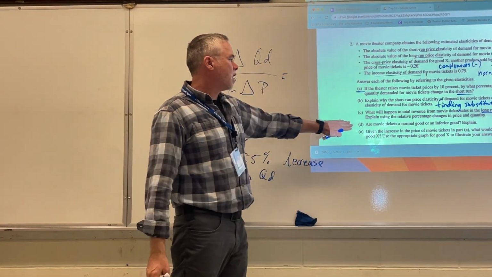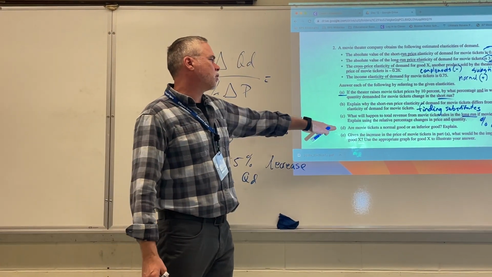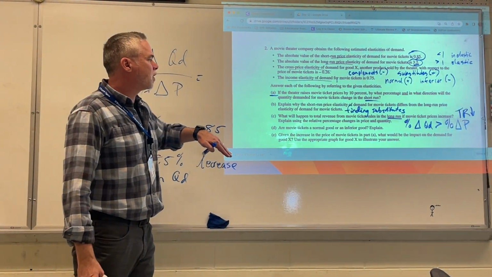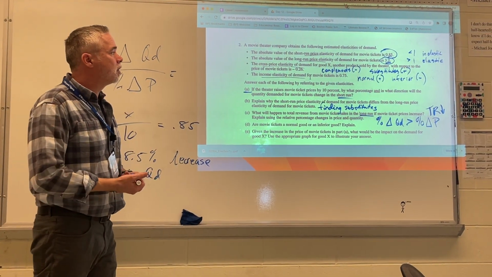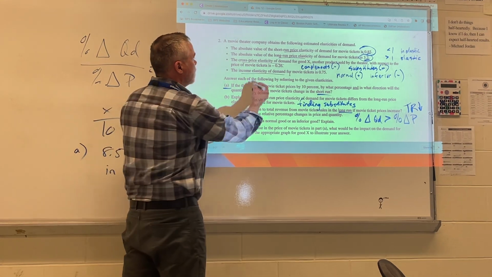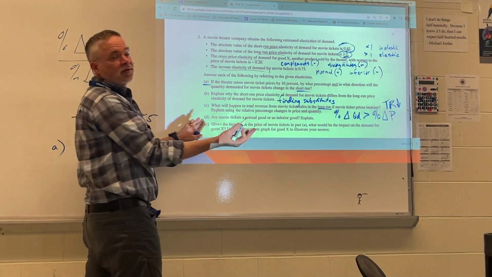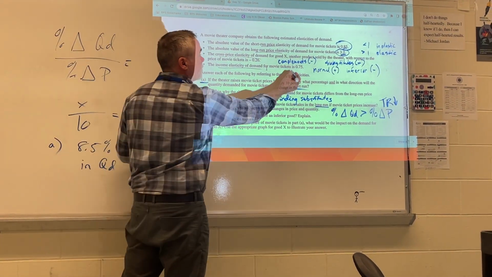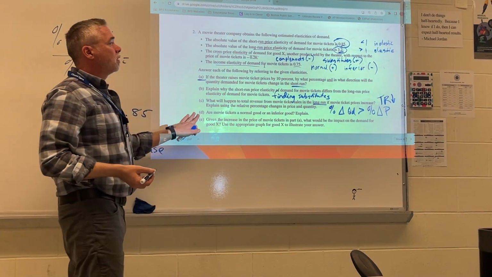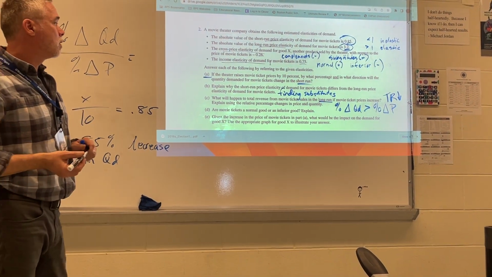The last two I feel like are a little bit easier, especially this one's pretty easy. Are movie tickets a normal good or inferior good? Explain. Well, if you understand the income elasticity of demand, it's pretty easy. It's a positive number, so it's going to be a normal good.